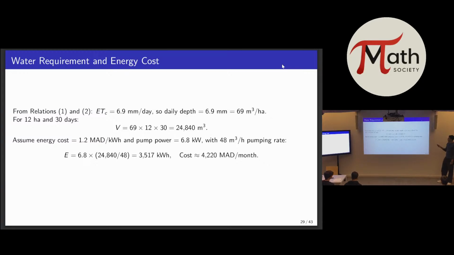So E equals 6.8 times 24,840 divided by 48, which gives us 3,517 kilowatt-hours. So the basic cost for this is 4,220 dirhams a month, which is approximately 400 euros a month.